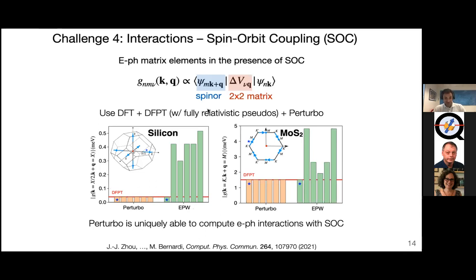And the reason is essentially they have failed to correctly rotate the spinor. And so the conclusion now is that Perturbo is quite unique in its ability to compute electron-phonon coupling in the presence of spin-orbit coupling and then efficiently interpolate these matrix elements and use them for transport.